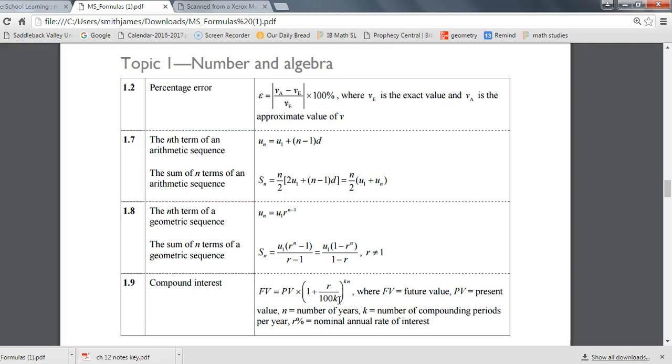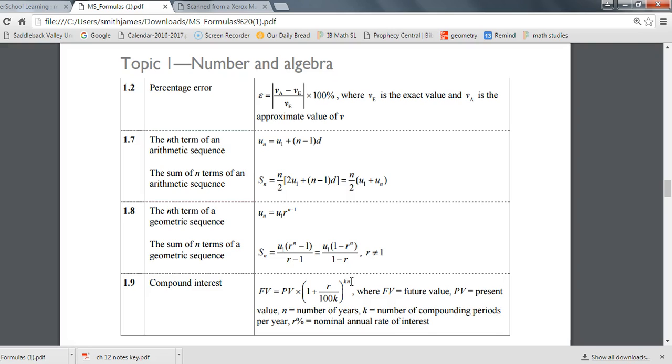So K is just 1. So again, if they said weekly, right, there's 52 weeks in a year. So K would be 52. N is the number of years. So if we said it's compounding monthly for the next 5 years, right? Well, then we're putting K as 12 because it's monthly, and then N would be 5 because it's happening for 5 years. And so that's what those guys represent.